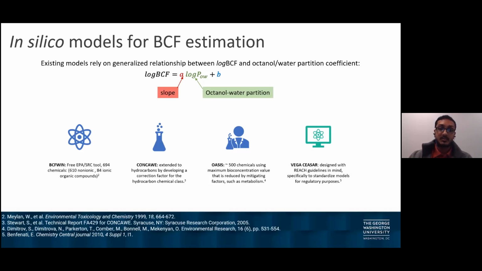BCF-WIN is contained in the EPA's EPI Suite program. Kokawe adapted the BCF-WIN model and extended its applicability to hydrocarbons. Oasis uses the concept of a maximum BCF value and then considers processes such as biotransformation as reducing factors. Vega Caesar was specifically developed with REACH guidelines in mind by the European Commission in an effort to standardize models for regulatory use.